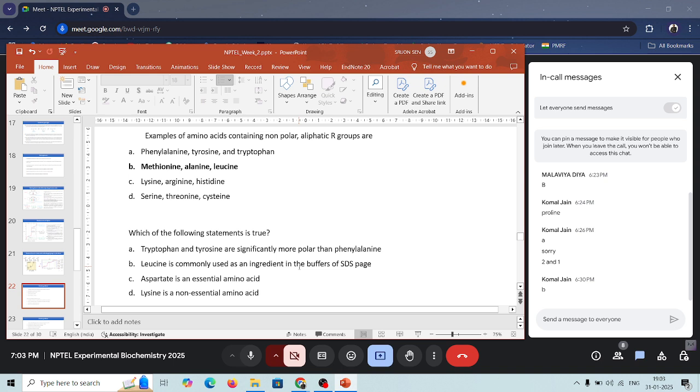Next one, which of the following statements is true? Tryptophan and tyrosine are significantly more polar than phenylalanine. Leucine is commonly used as an ingredient in the buffer of SDS page. Aspartate is an essential amino acid. Lysine is a non-essential amino acid.